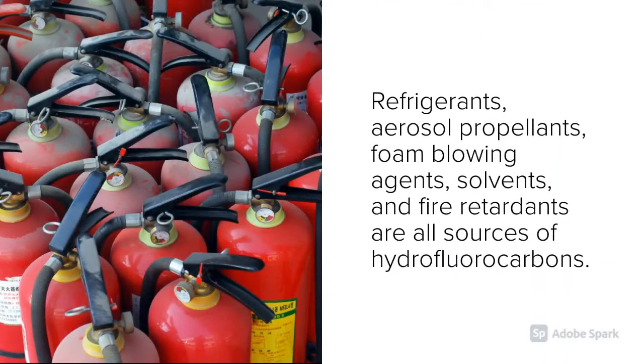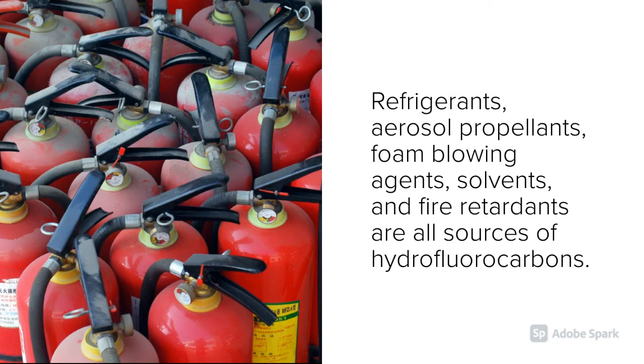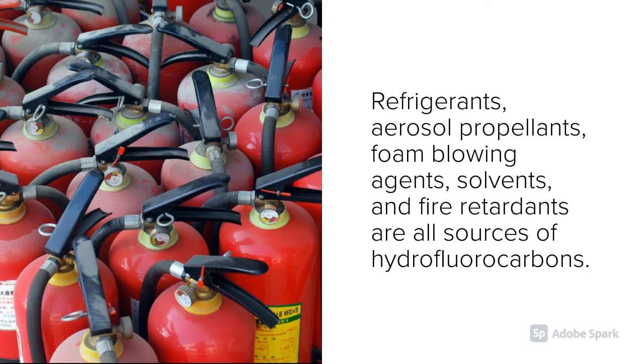The major source of emissions from hydrofluorocarbons is the use of refrigerants, like in both vehicle and building air conditioning. Besides refrigerants, aerosol propellants, foam-blowing agents, solvents, and fire retardants are also sources of hydrofluorocarbons.